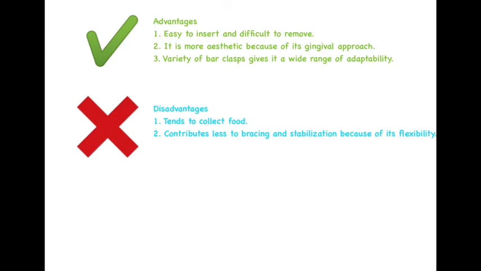The next one is that it contributes less to bracing and stabilization because of the greater amount of flexibility. Now see, if we are giving this in a distal extension base for a mesiobuccal undercut, we need a bit of flexibility. This we have discussed earlier also. We need a little flexibility so that the stresses on the abutment are minimized. But the problem is that we do not require such flexibility in cases of class 3, because there the teeth are already present.